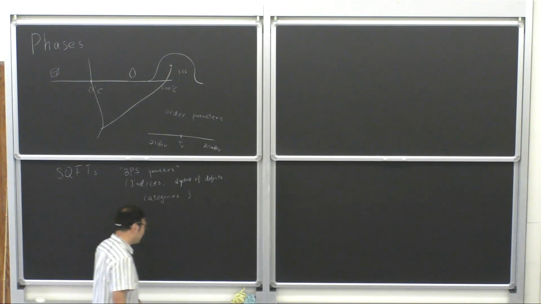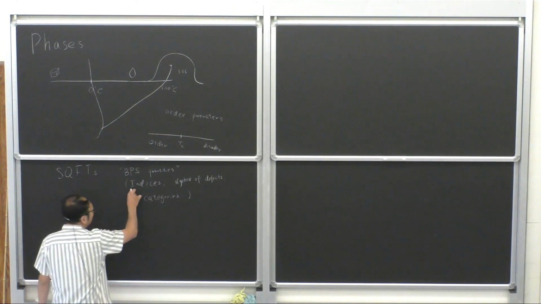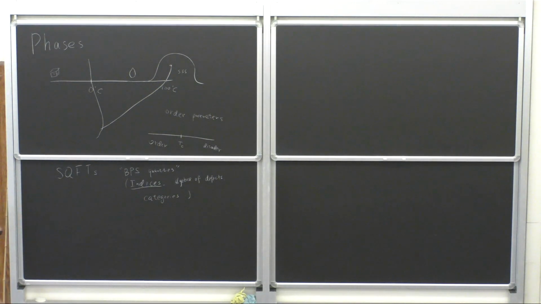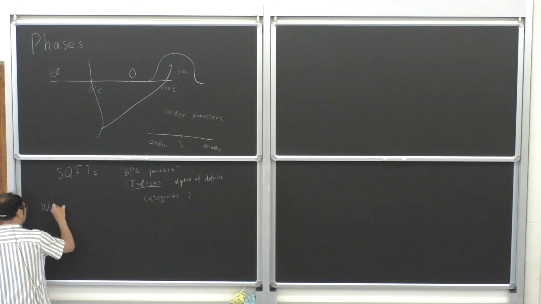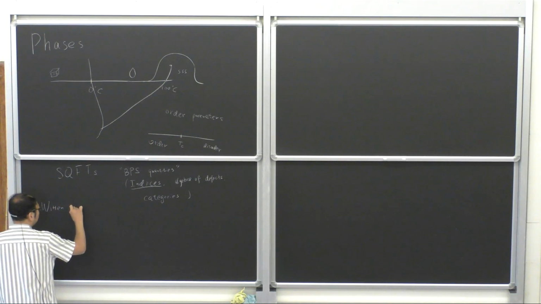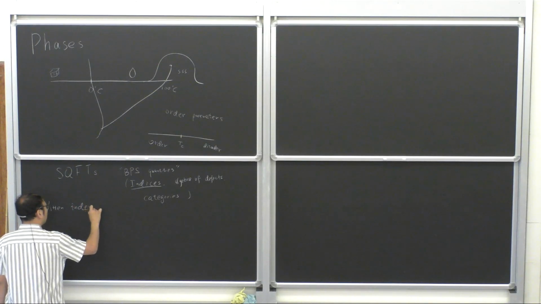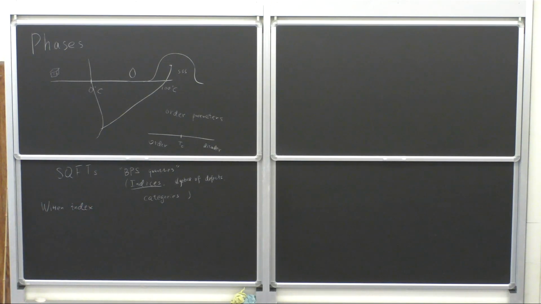So let's start with the most basic example, namely a particular index known as the Witten index. This is, in a sense, really quantum mathematics 101.